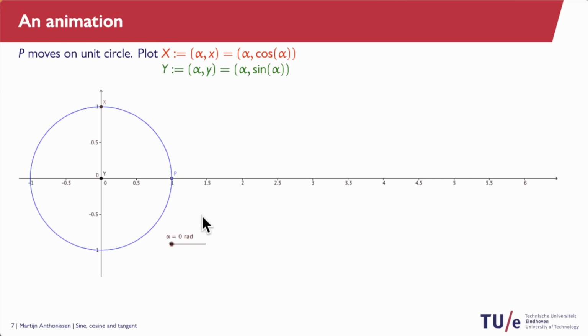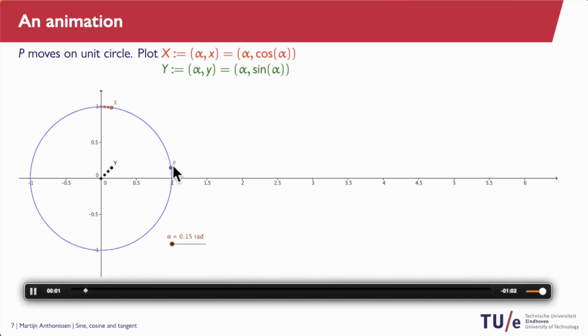And you see that P is going to move. And you see that I plot at several points the x and y coordinate. So P is going up to pi over 2, 90 degrees here, which means that the x coordinate is going to 0, the y coordinate is going to plus 1.